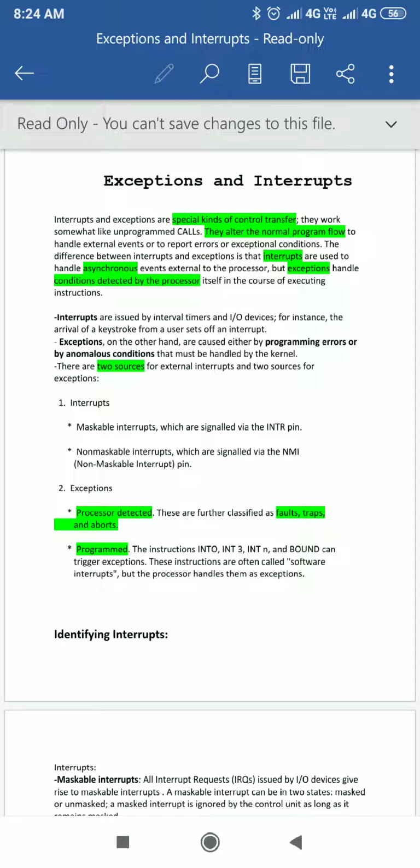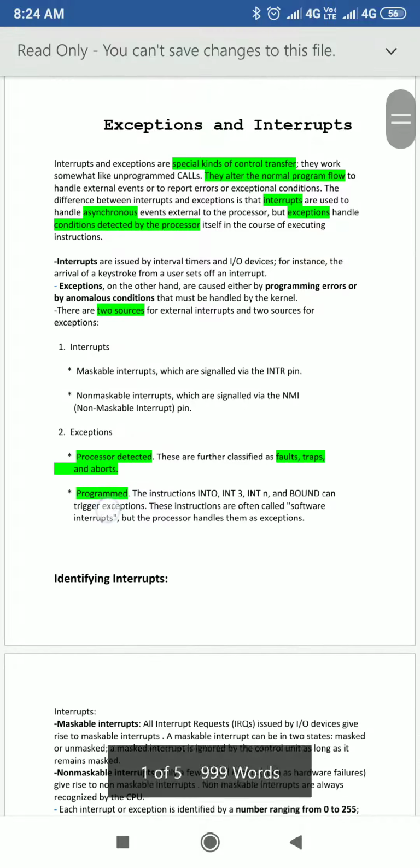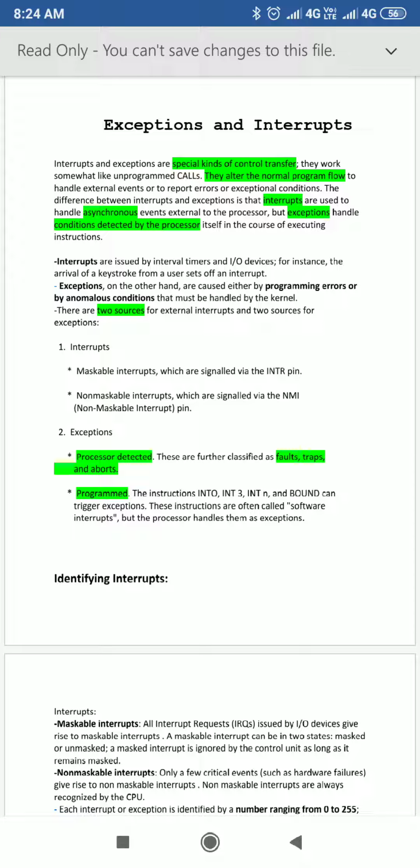It means your exceptions and interrupts can alter the normal program flow to handle external events. For example, when we press any key on the keyboard, it is one kind of interrupt to the processor. The processor serves that interrupt and then continues its regular working.